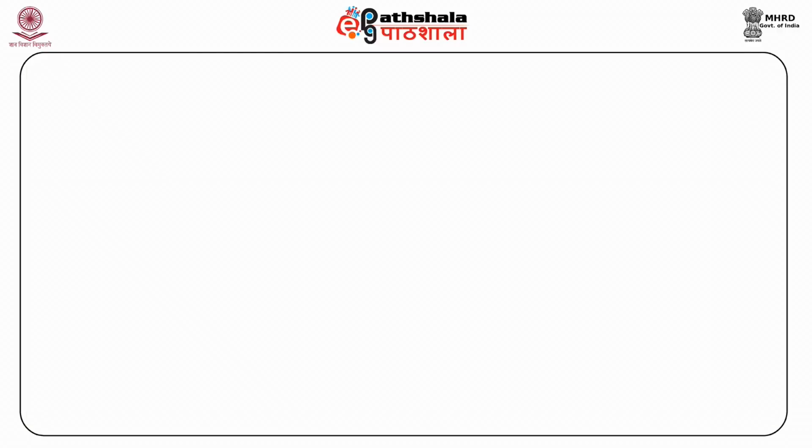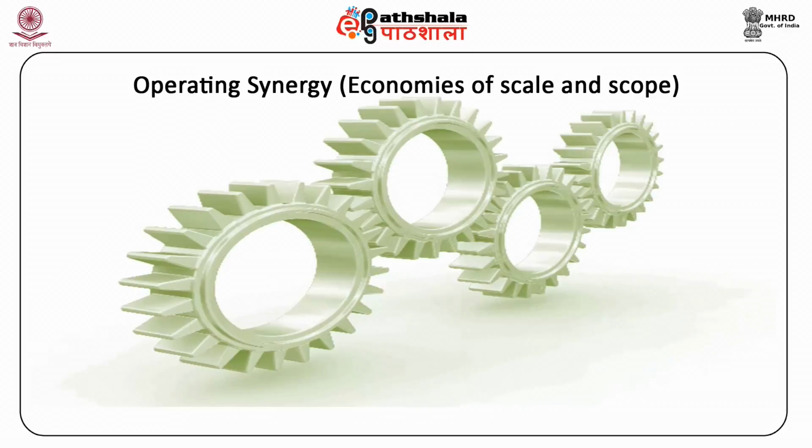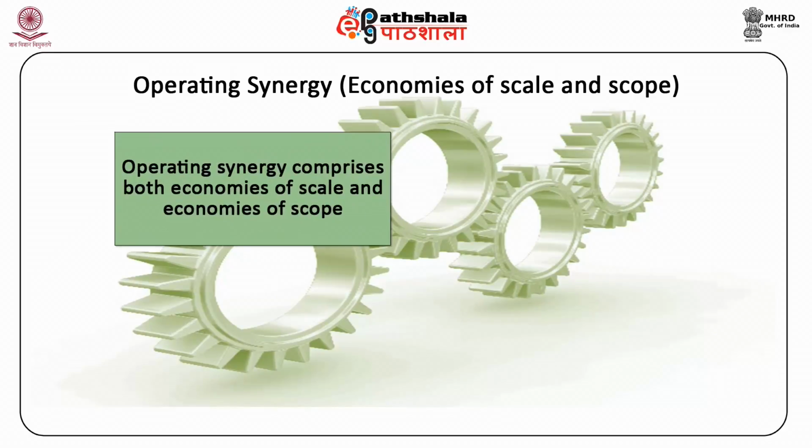First, under efficiency theory is the operating synergy, which is related to economies of scale and scope. Operating synergy comprises both economies of scale and economies of scope. Both these components of synergy act as important determinants of shareholder wealth creation. Efficiency gain can be derived from either component of synergy or from improved managerial practices.